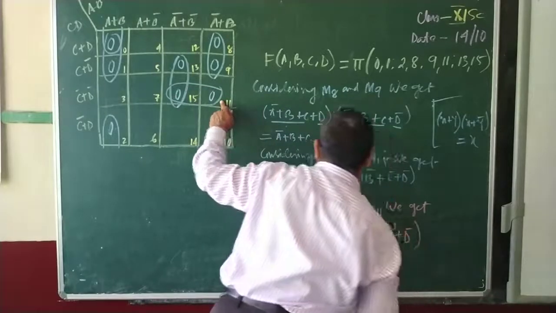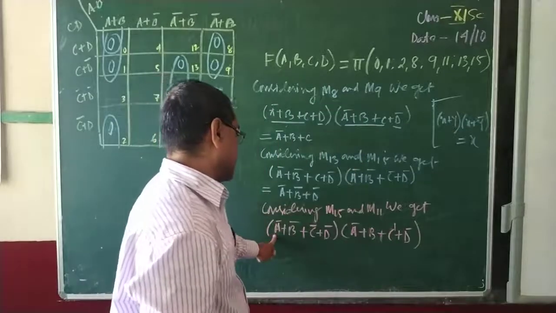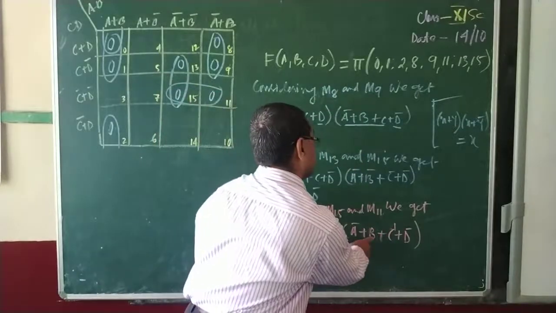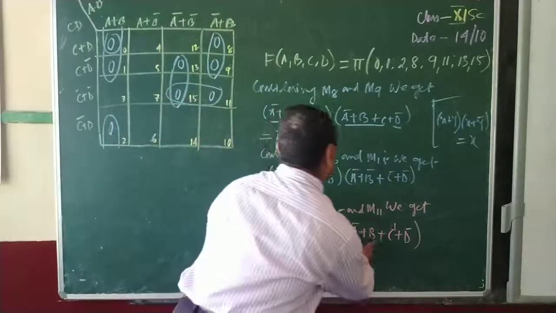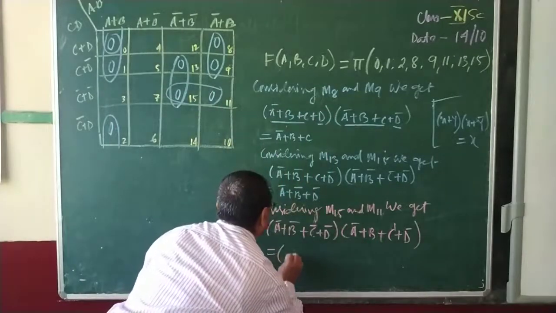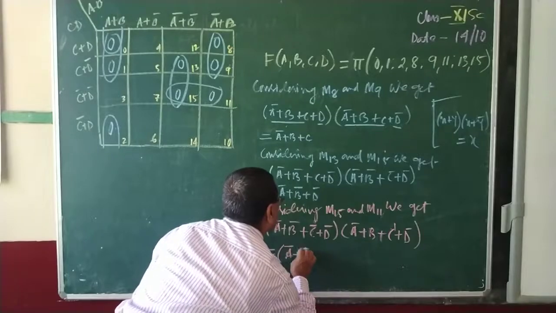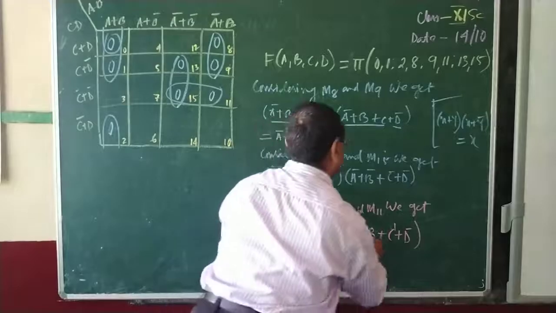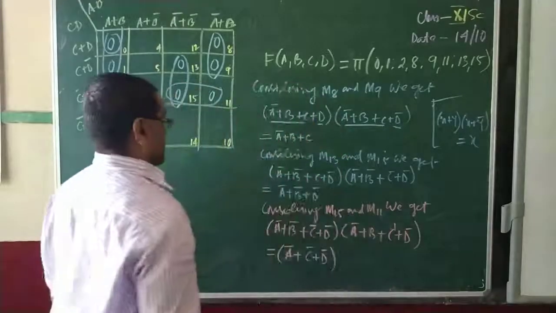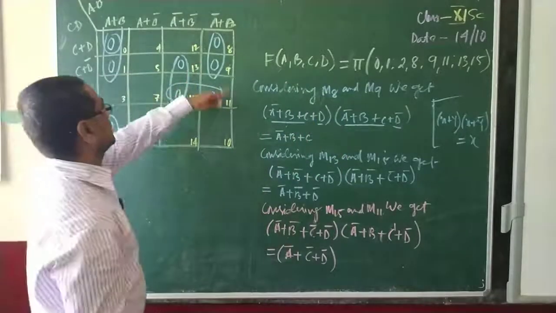Now you see what is common here: A complement, C complement, D complement, because B complement and B cancel. So it will be A complement plus C complement plus D complement. Now it is done. These all three are done.